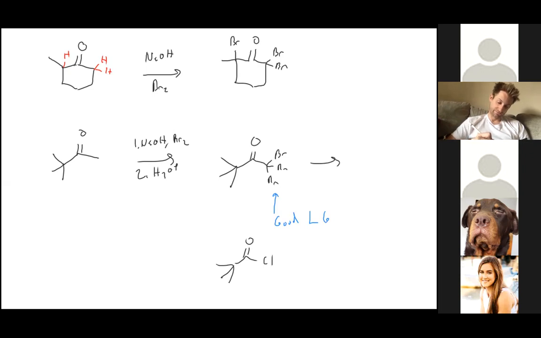So you'd have water come in. I guess it'll happen in the previous step. Yeah, so before the H3O plus actual step, we'd have NaOH still in solution.